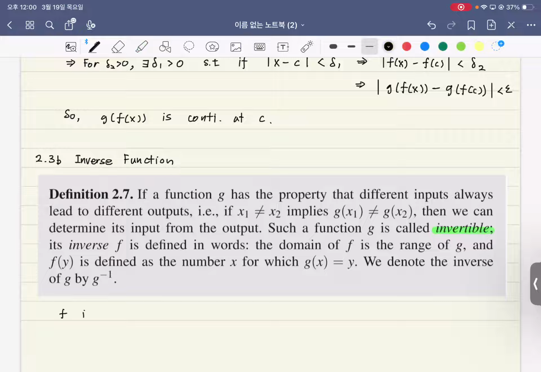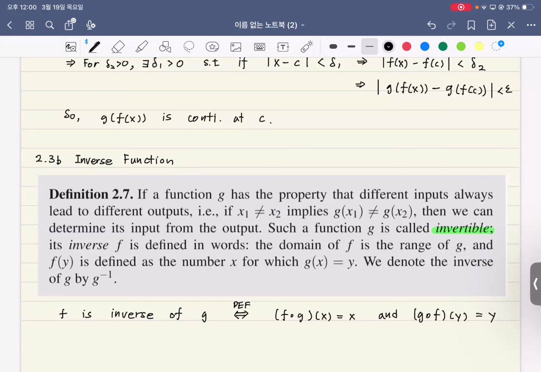So f is the inverse of g, which is defined to be: f of g should be the identity, and g of f should be also the identity.